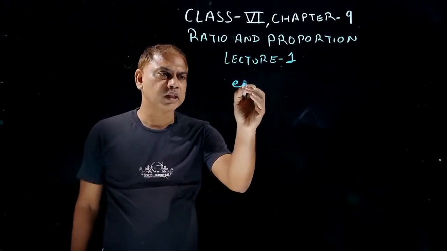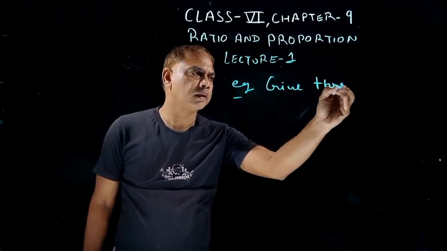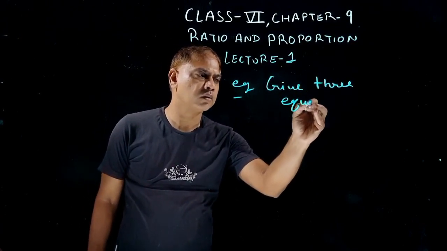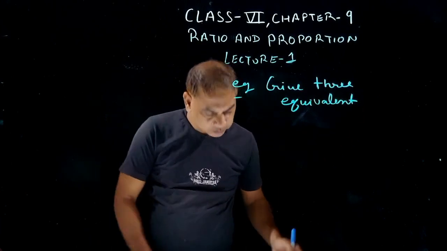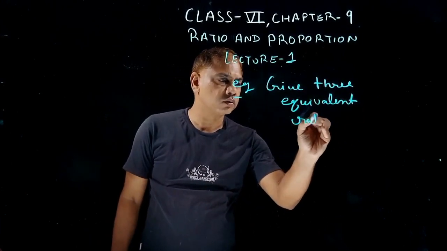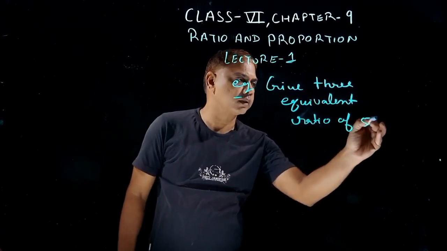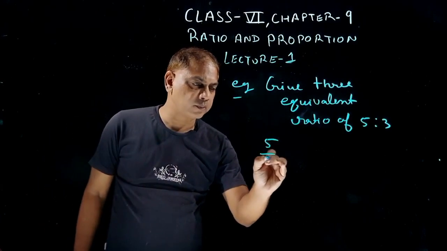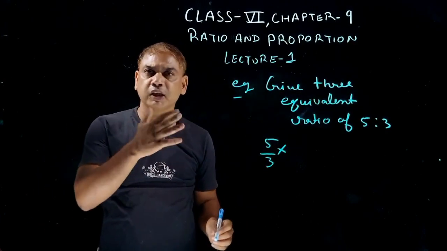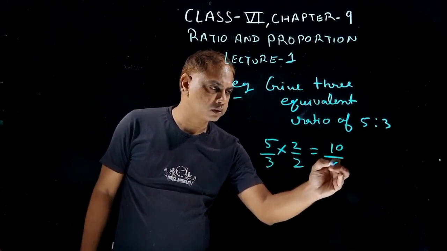Now student, one more example. Give 3 equivalent ratios of 5:3. We have to write 3 equivalent ratios of 5:3. 5 upon 3, we will multiply both numerator and denominator by the same number. 2 upon 2 here, 10 upon 6.